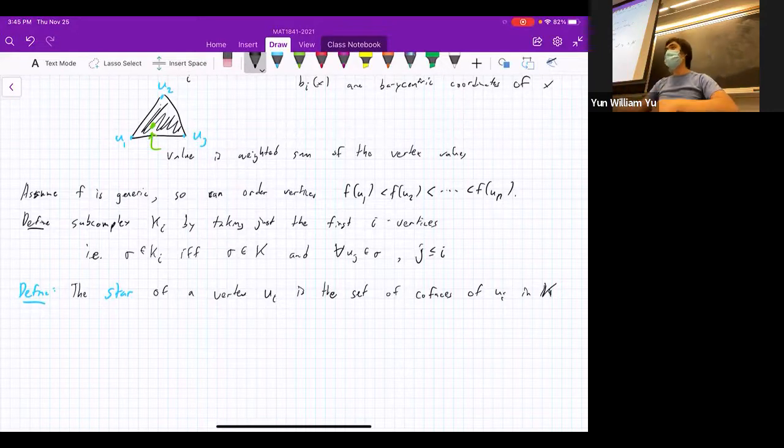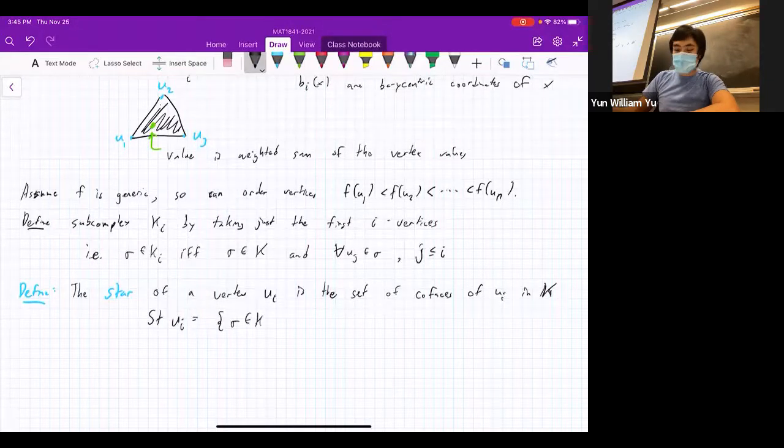So the star of ui is equal to the set of sigma in K such that ui is in sigma.